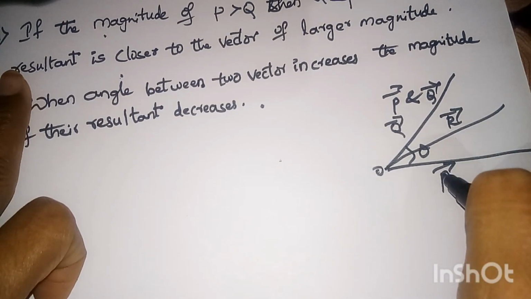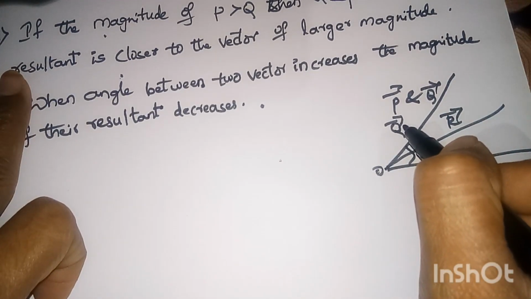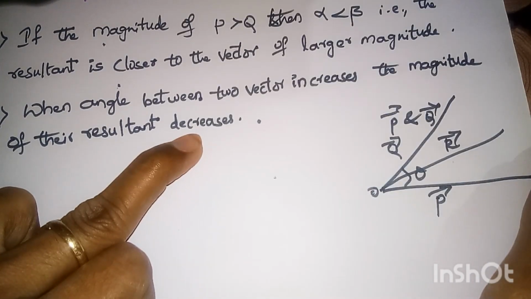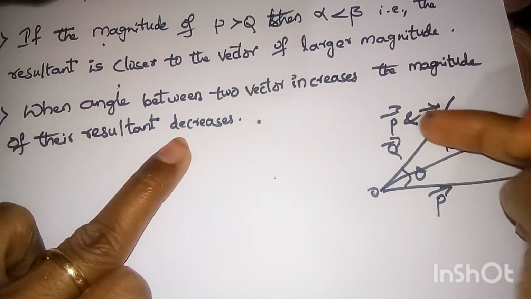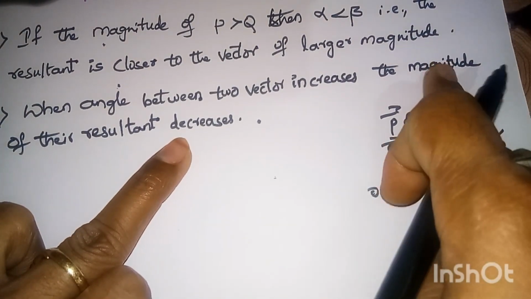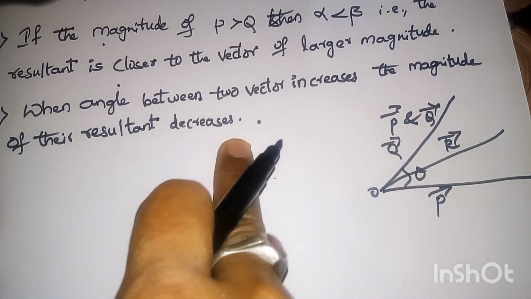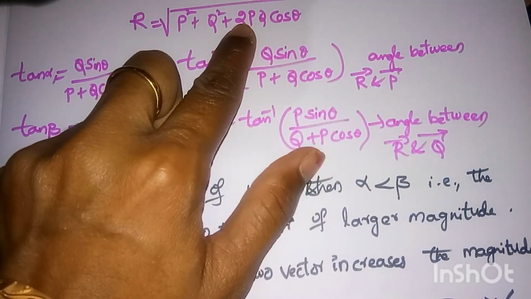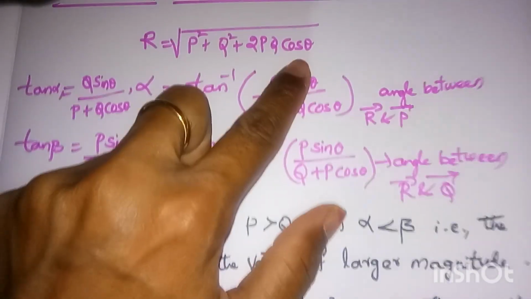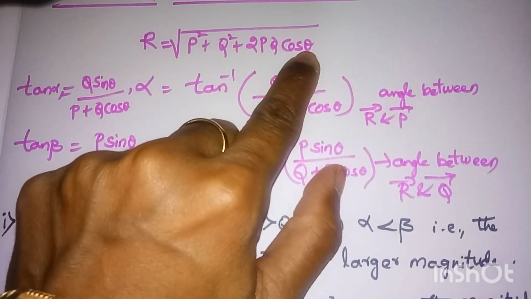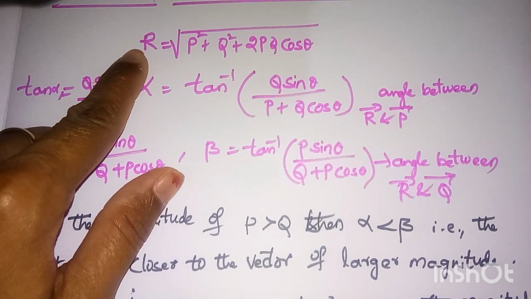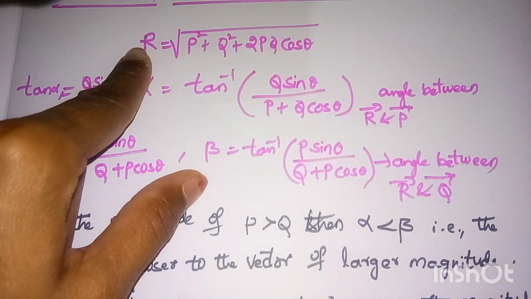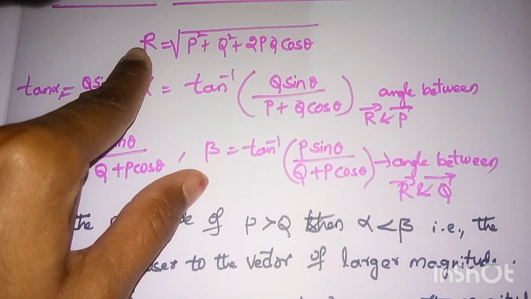If the angle between these two vectors is increased, the magnitude of the resultant will decrease. With the help of this formula we can see that as we increase the theta value, the R value decreases. Based on this concept we will discuss some problems in a later class.